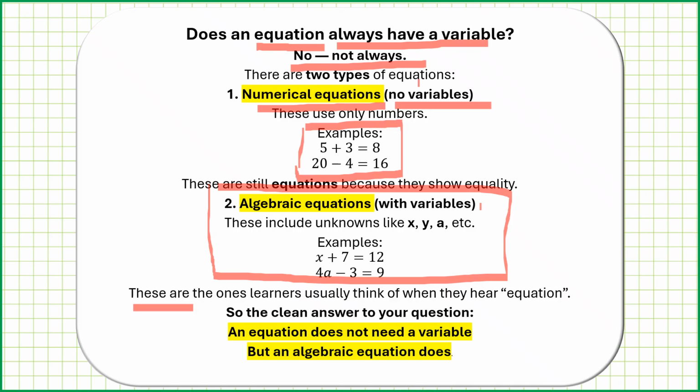These are the ones learners usually think of when they hear equation. An algebraic equation has a variable, and a normal simple numerical equation does not have a variable. But with algebraic equations, we're looking at solving for x, y, z, solving for the unknown.